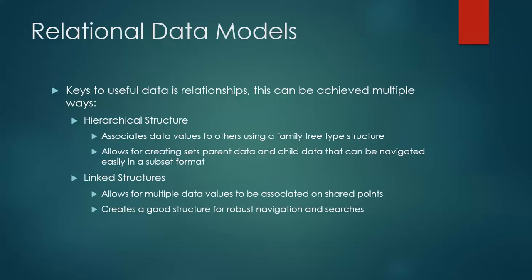So you have your relational data models. This is really how you relate your data. There are other ways than these two, but these are going to be your two most common. You have your hierarchical structure that really works at a top-down approach, where you have data, and then that piece of data has children data associated to it, and those children have children, and so on.